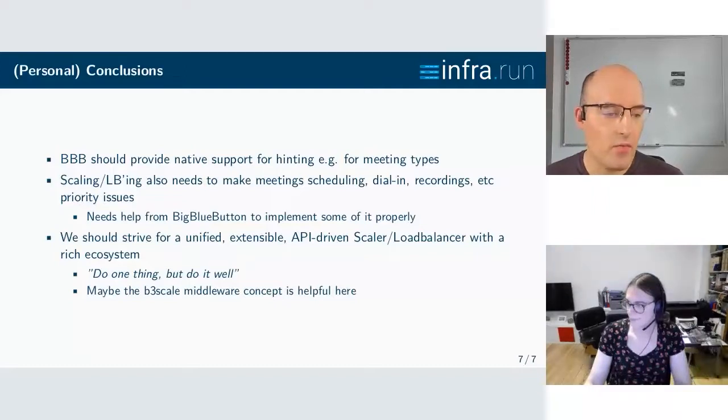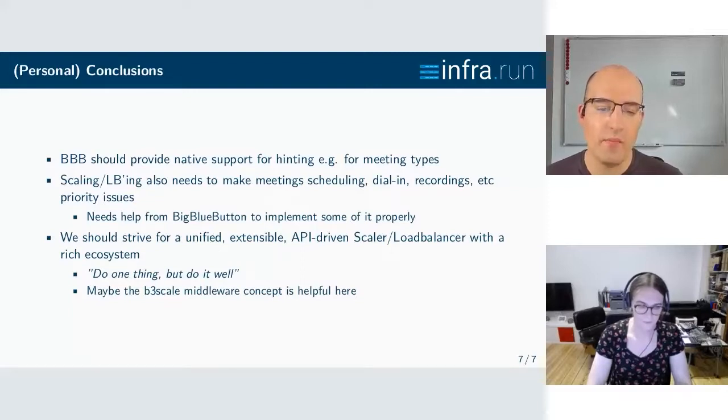Exactly. So Fred suggests we could define some standard meta parameters for passing meeting types, so all front ends could use this. And this is something that I was looking forward to doing. Ideally, we should strive for a unified, extensible, API-driven scaler load balancer with a rich ecosystem, so not everyone needs to maintain their own code base, and the principle should be the Unix principle: do one thing but do it well.